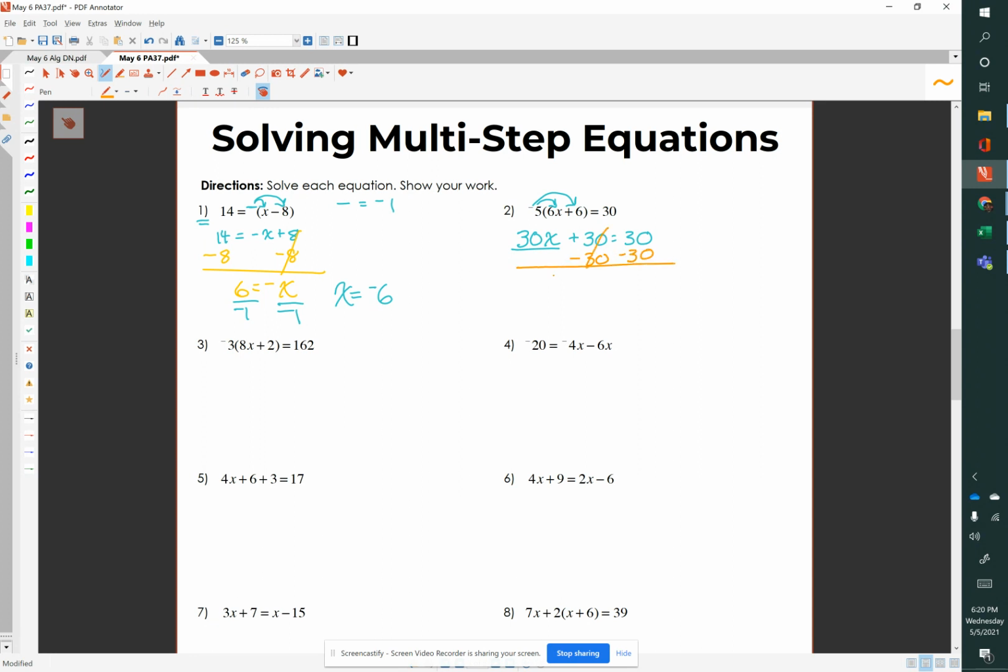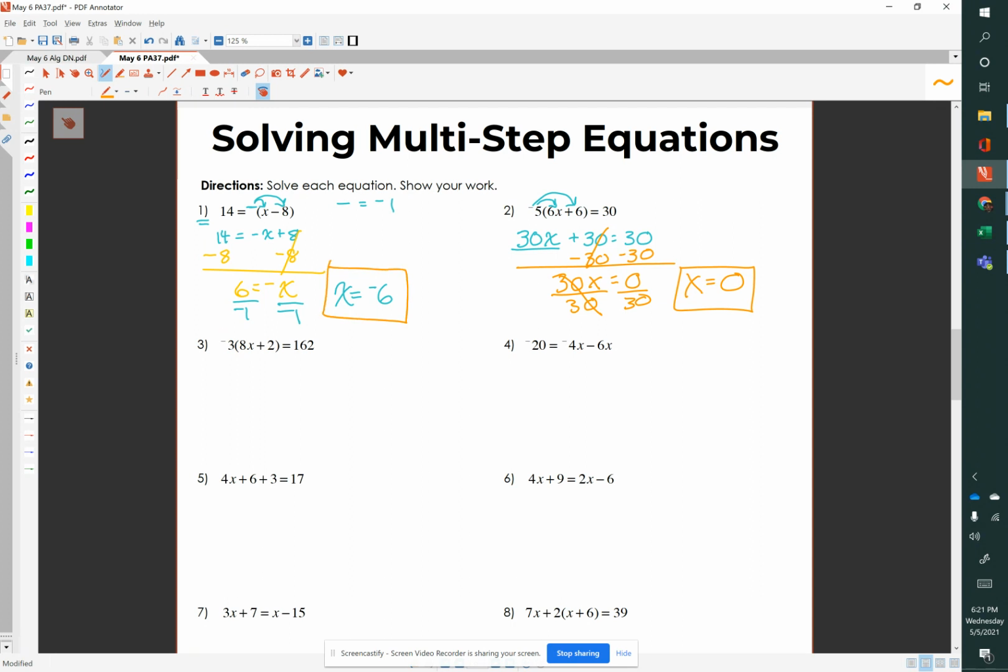And wait till you see what happens here. We have 30x equals 30 minus 30 is 0. And if we divide both sides of the equation by 30, we see that x equals 0, because anything with 0 in the numerator is still 0.